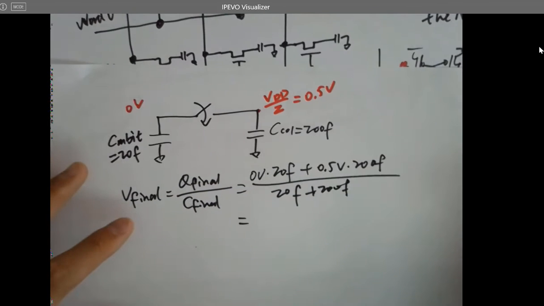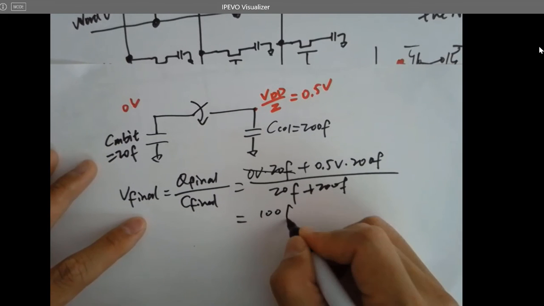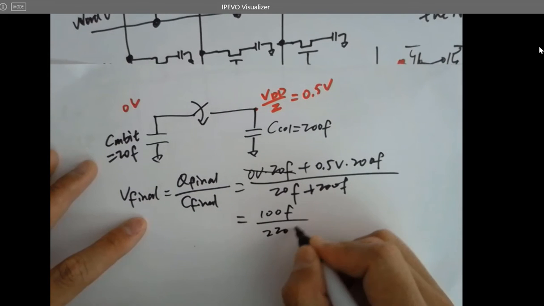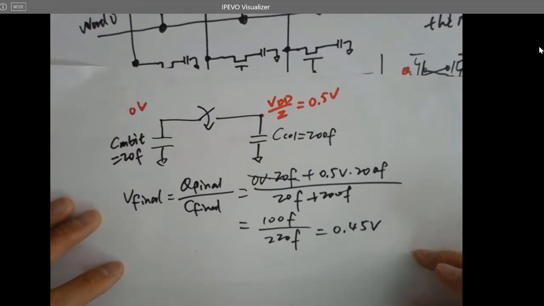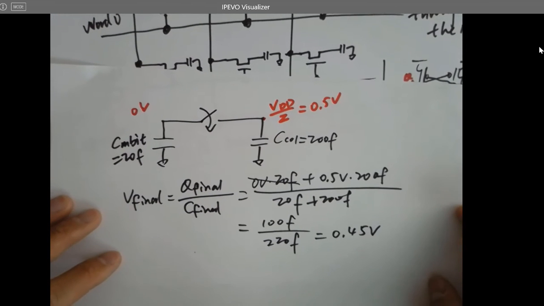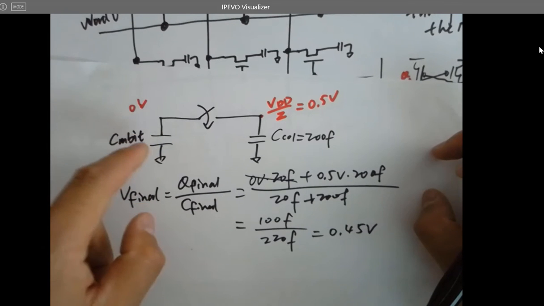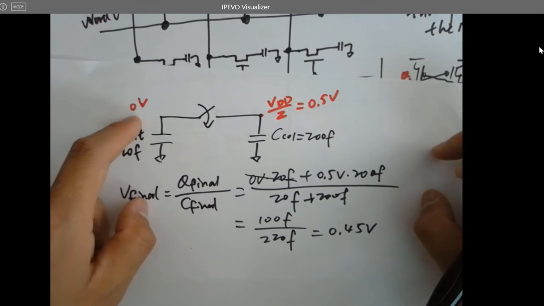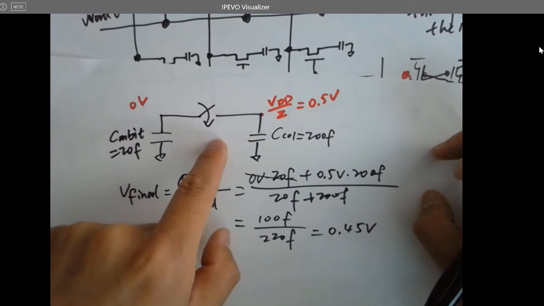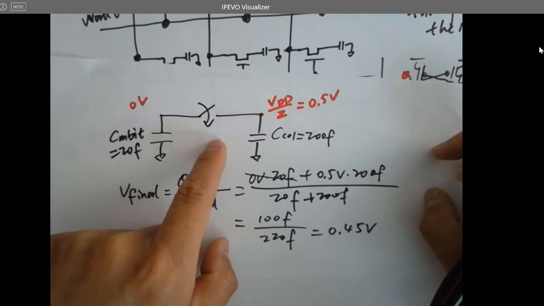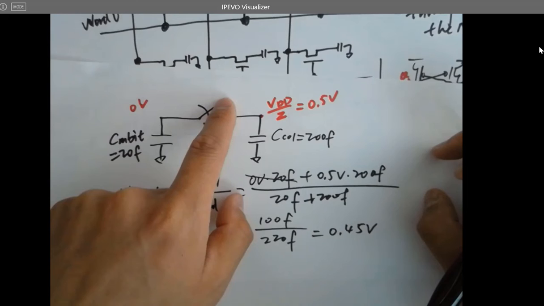And eventually, you're getting 100 femto over 220 femto, which is 0.45 volts. So if this memory bit had 0 volts stored in the cap previously, when you switch on, you are getting 0.45 volts for the bit line.